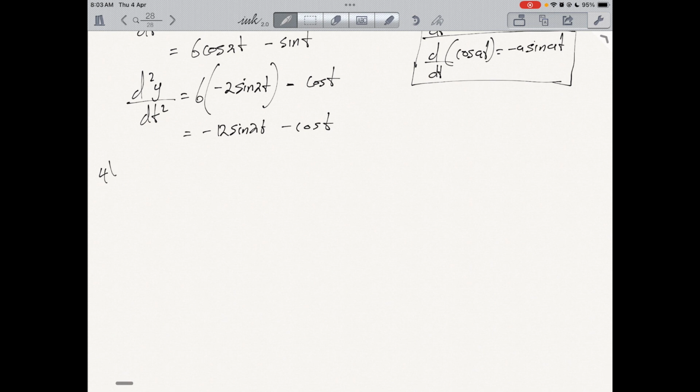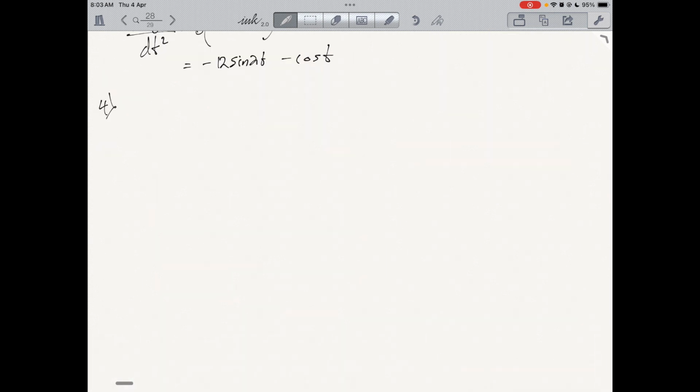Let's take another example. Given y is equal to 2 ln 4 theta, natural logarithm of theta.